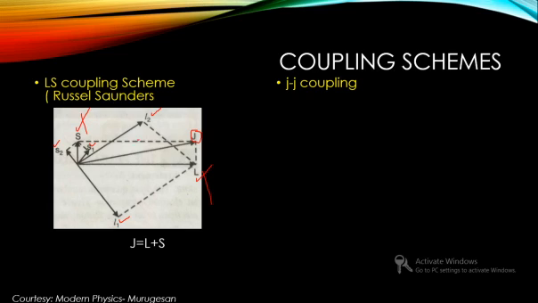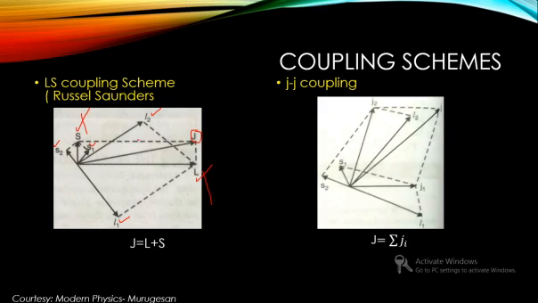Similarly, in the JJ coupling scheme, we have mentioned that the addition will take place between the spin and orbital angular momentum of an individual electron.